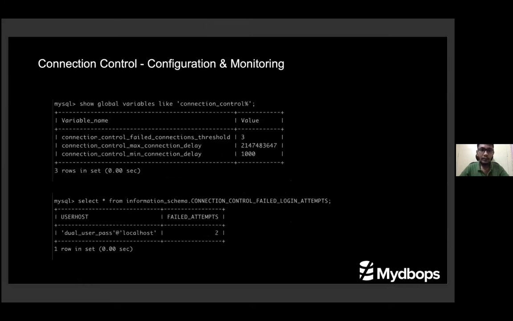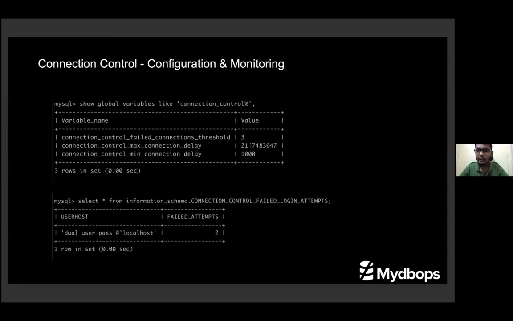Yeah. When we look at the configuration and monitoring, we have 3 variables to configure here. The first one is connection_control_failed_connections_threshold. It defines the threshold, that is, after how many failed retries the delay needs to be added. By default it is 3.